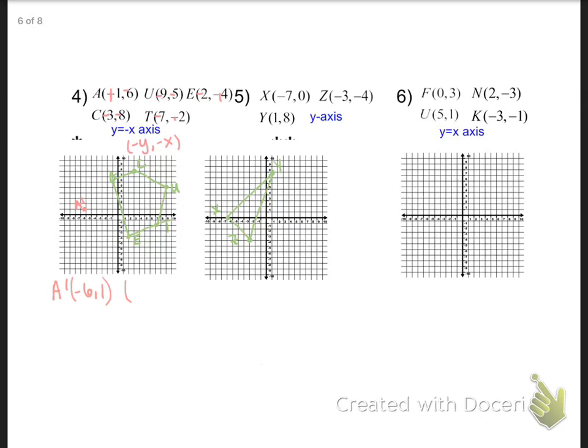I know U prime is going to be negative 5, negative 9. I know E prime is going to be negative, nope, it is positive 4, negative 2.